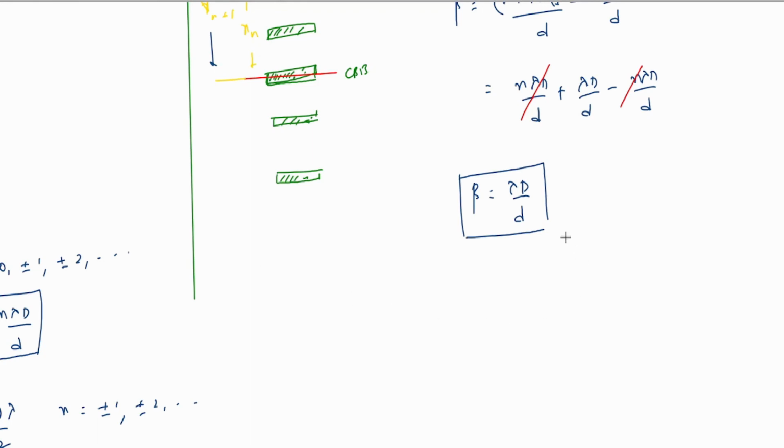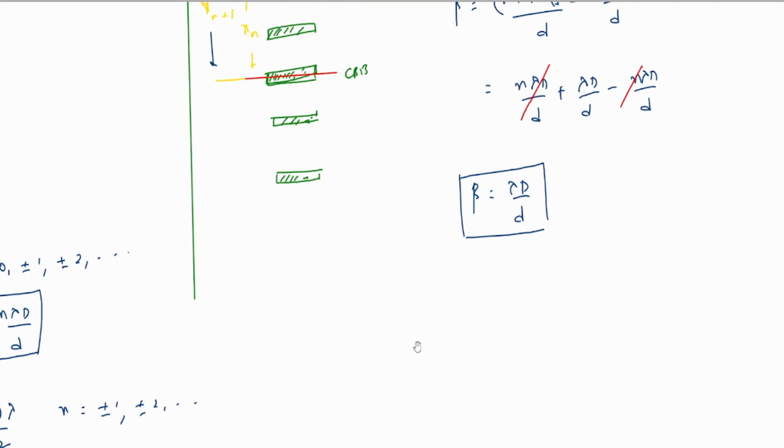Now observe carefully that for a given condition beta remains a constant, because it depends on lambda, which is constant for a given condition, capital D and small d. So fringe width in case of interference remains a constant.